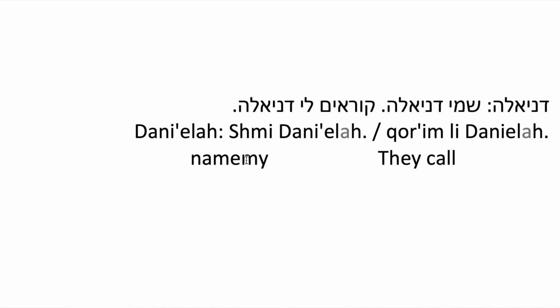So the i here is the my. So "Shmi Daniela." And "korim li Daniela" is the more casual way, they call me Daniela. So li means me.